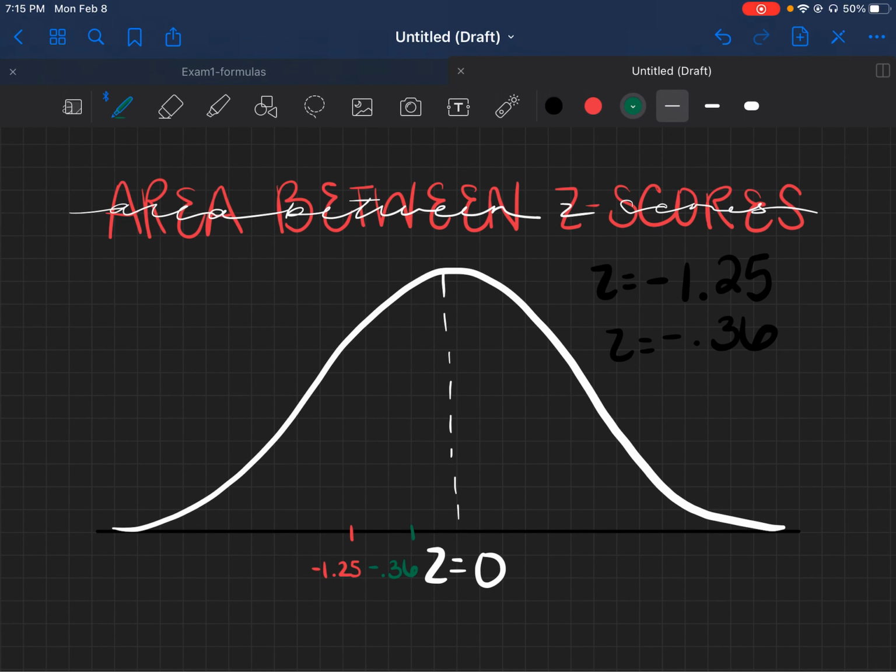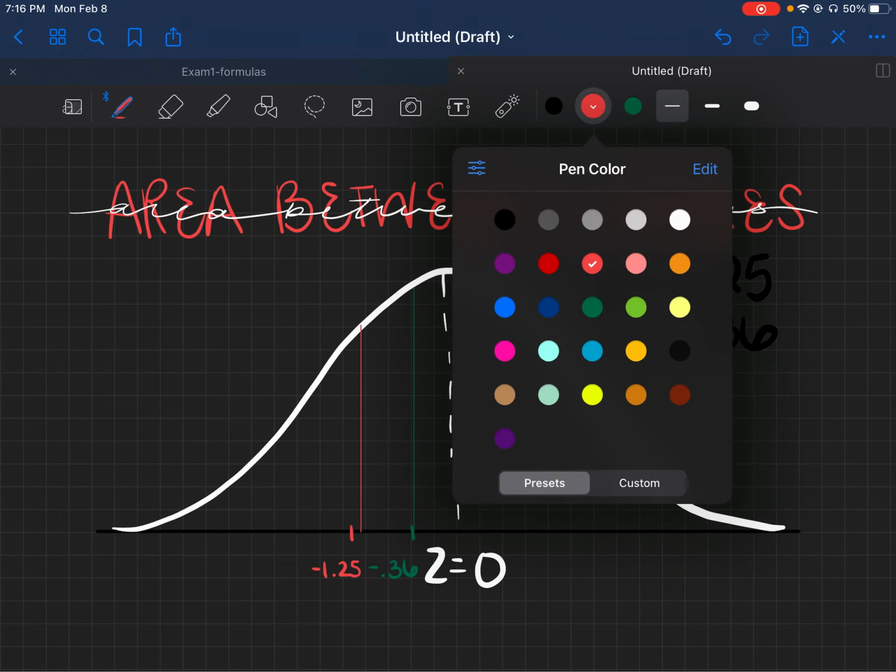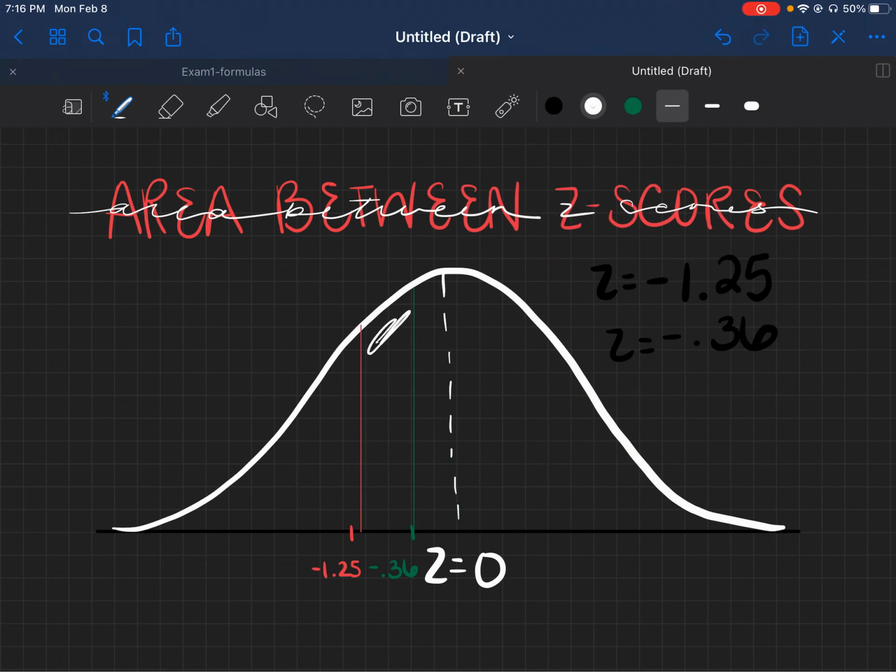Okay, so for this problem, we're trying to find the area between these two points. And I am going to go ahead and mark this area off in white. Keep in mind that that's what we are trying to find the area of.